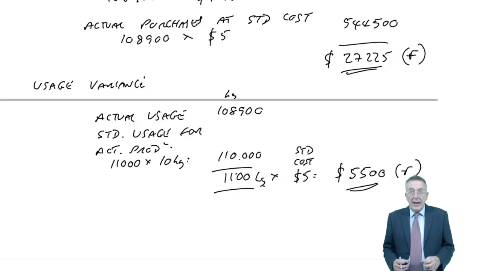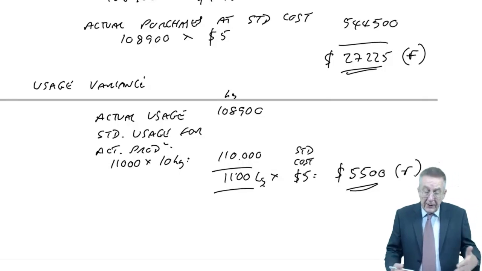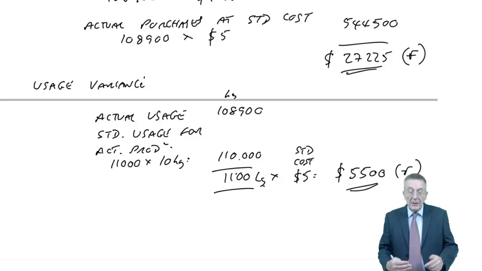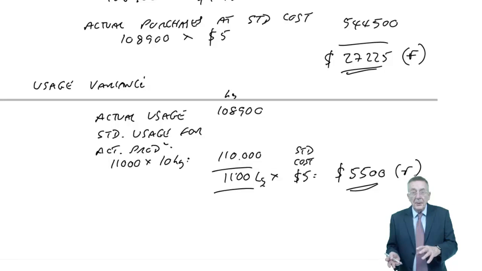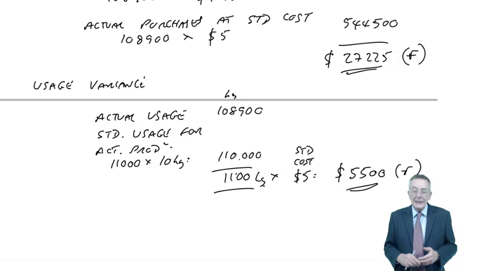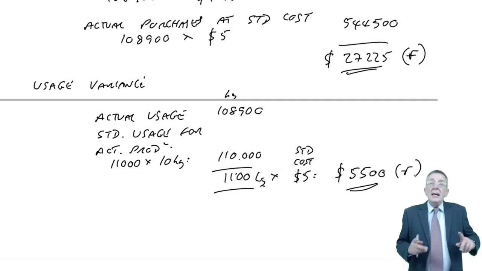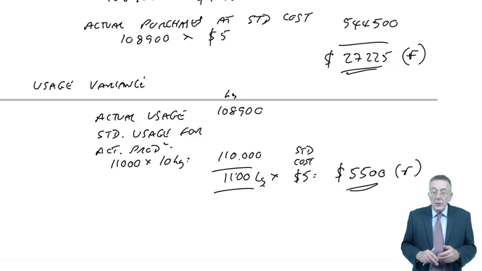It could either have happened because the manager responsible for using material or for buying material has done a good or a bad job. Here, they seem to have done a good job, the variances are favourable. Or it could have been nothing to do with the manager directly.